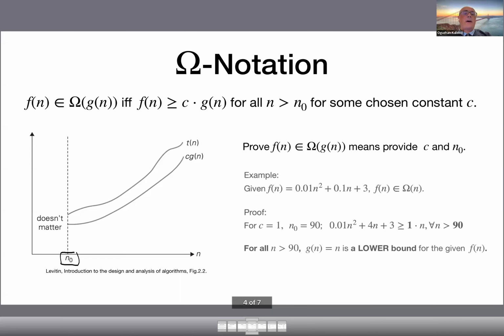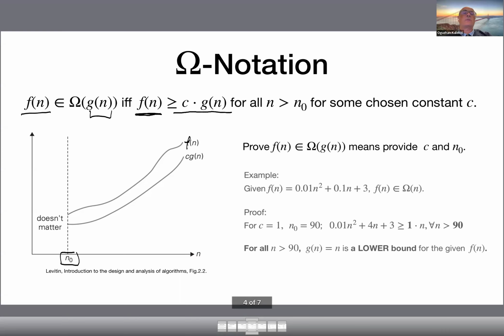But after this, if f(n) is lower bounded by g(n), which means f(n) is an element of big omega g(n), then this function should be greater than or equal to c times g(n).